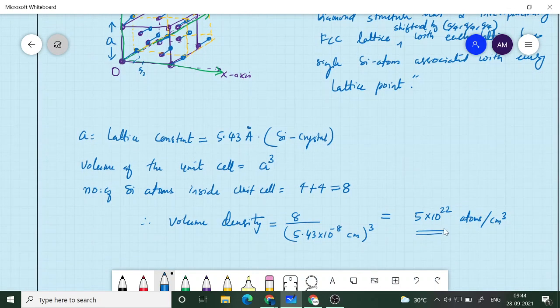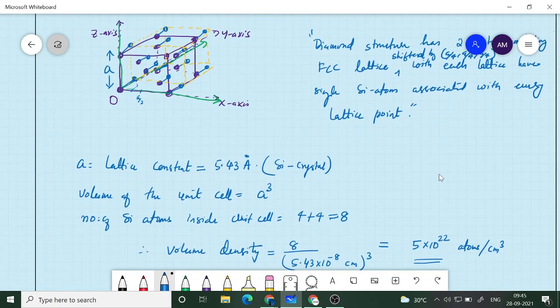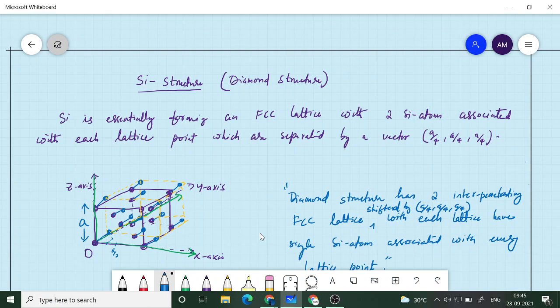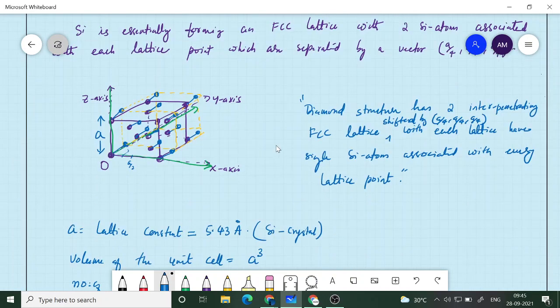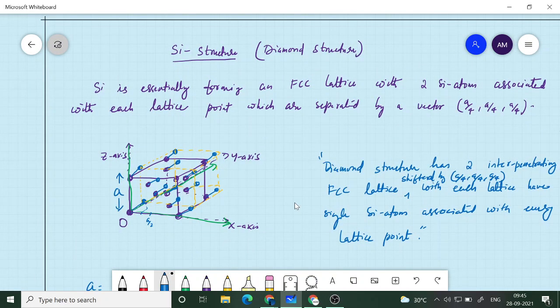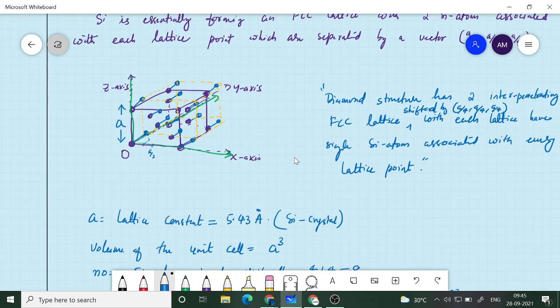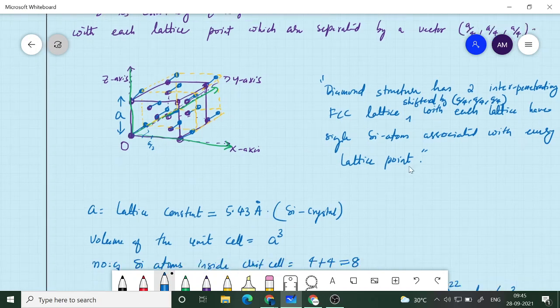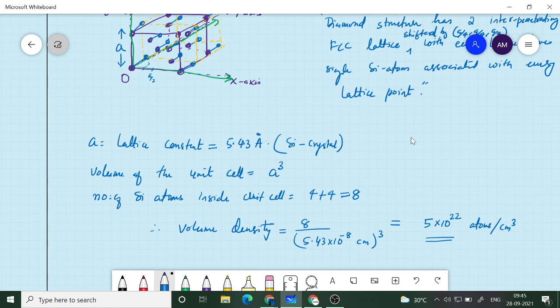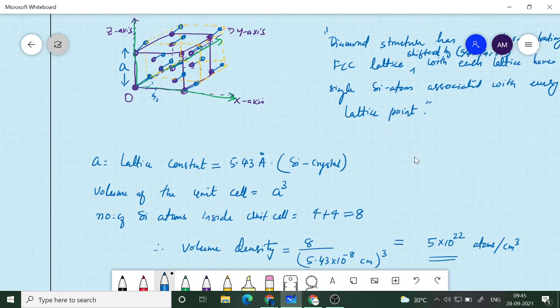So this many silicon atoms are there in 1 centimeter cube of silicon crystal. Okay, we are talking about only crystal. Earlier we discussed that a material can exist in 3 different ways: polycrystalline, amorphous, or crystalline, but we are only talking here about the crystalline material, single crystalline material.